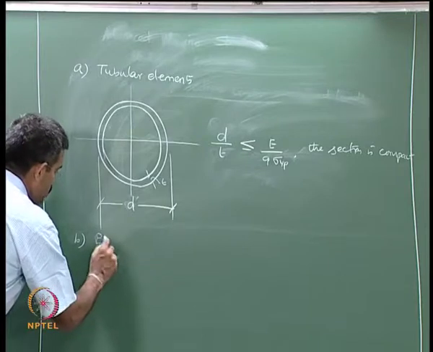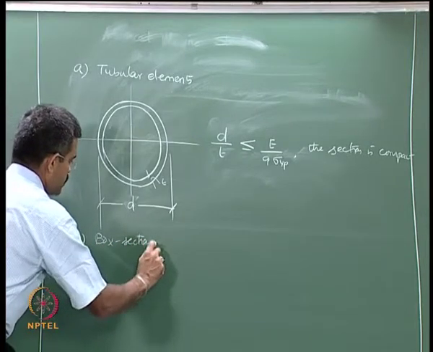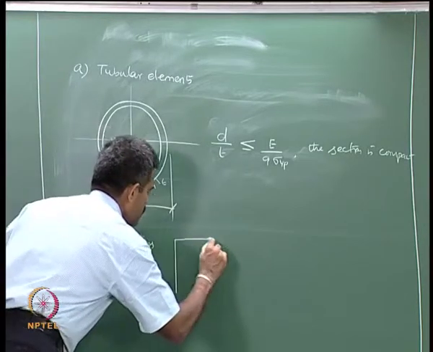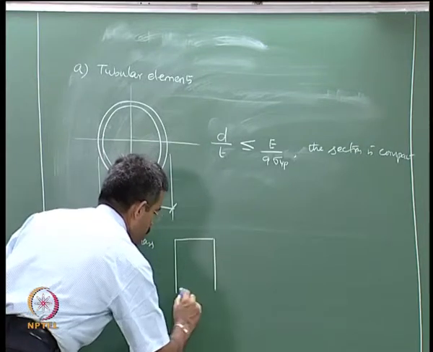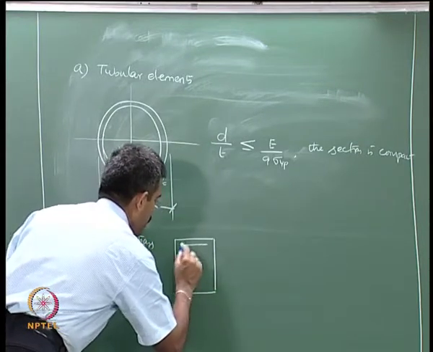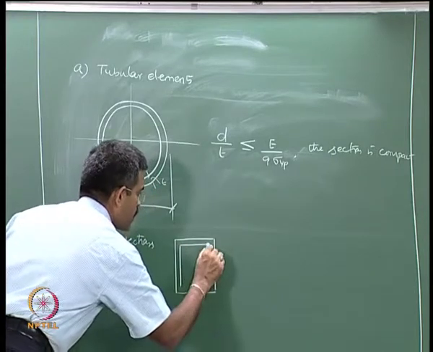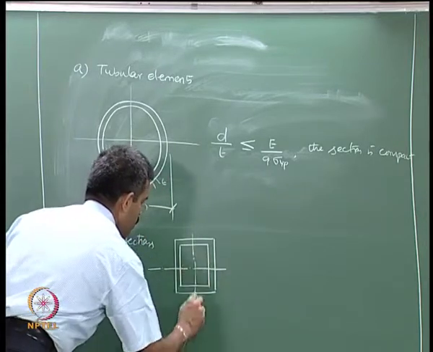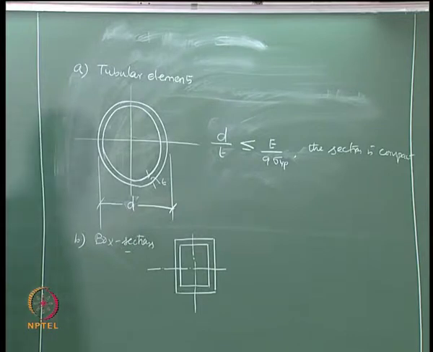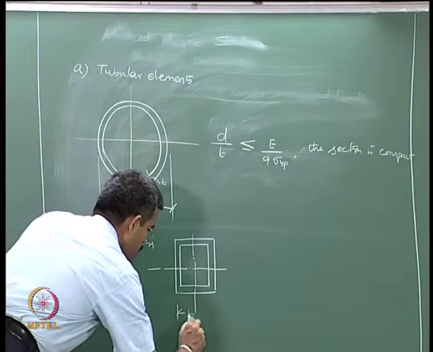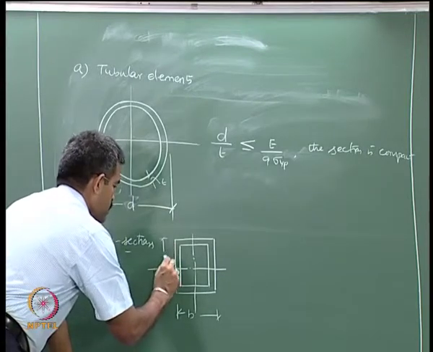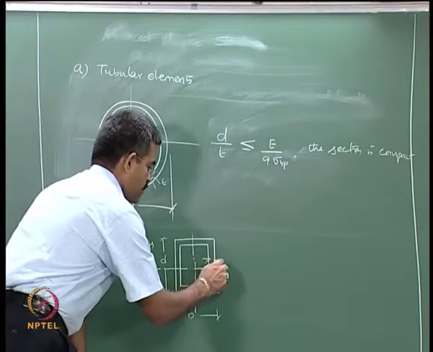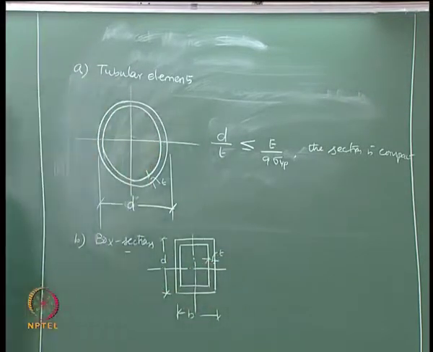If you look for box sections, these are the common cross sections which are used in marine structures. So we are looking only at those sections. Say this is my breadth of the section, this is my depth of the section, be it rectangular. If it is square, both the dimensions can be the same, and this is the uniform thickness of the section.